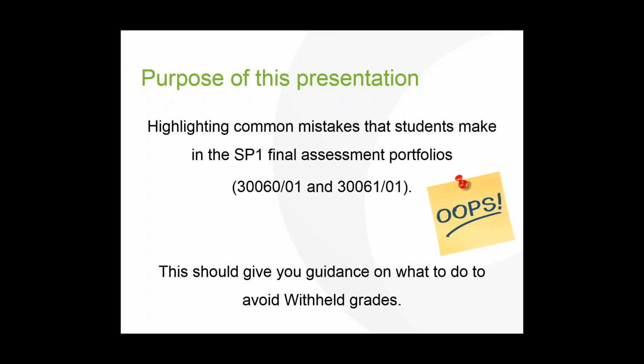Do not work on both at the same time, because eventually you will submit, we will give you feedback, and you will have to update both. The good approach is to work on one, submit it, get feedback, update it, get a pass mark, and then work on the second. This should give you guidance on how to avoid withheld grades.